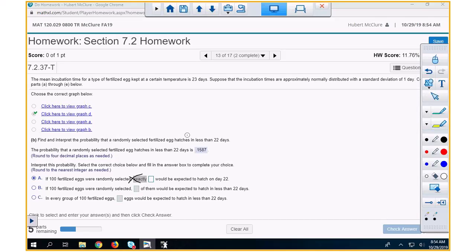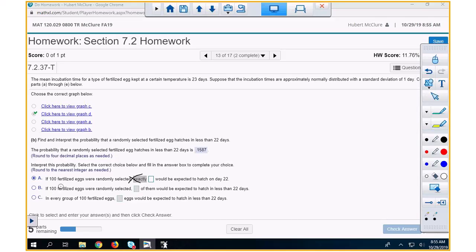All right? If 100 eggs were randomly selected, 16 of them would be expected to hatch less than 22 days. In every group of 100 fertilized eggs, 16 eggs would be expected to hatch less than 22 days. Okay, they're playing with words here.